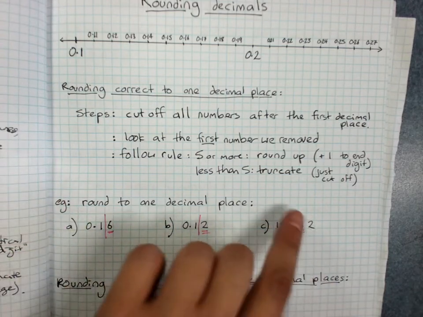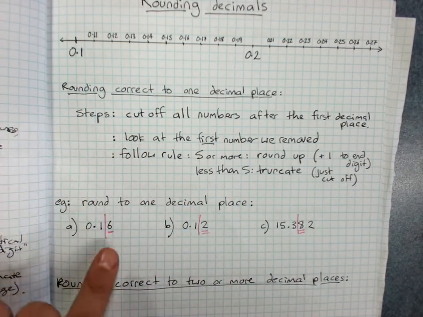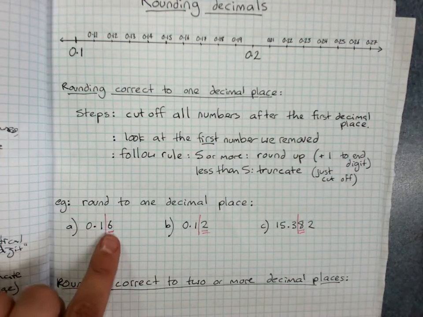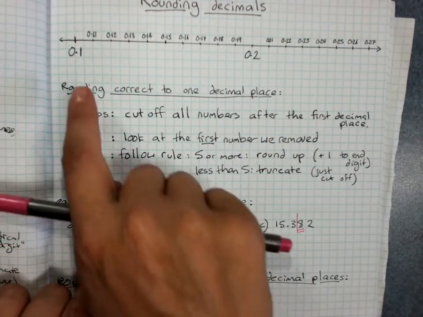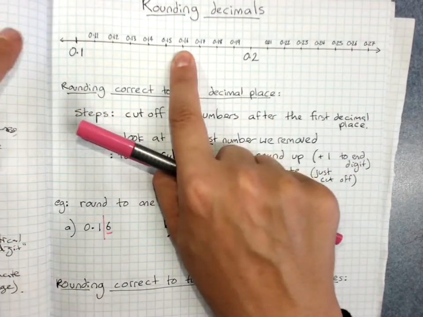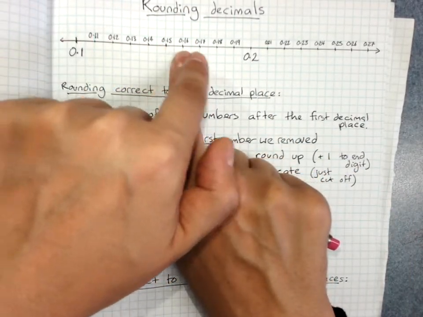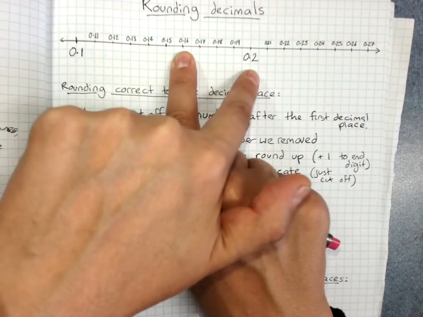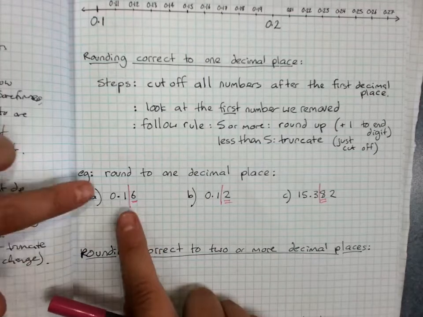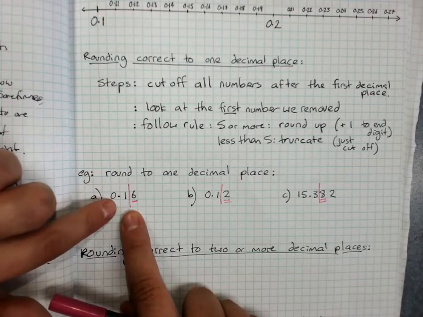So let's have a look at all these with those rules. I started with ones that fit on my number line. 0.16. It's somewhere between 0.1 and 0.2, and it's there. And you can see really clearly it's closer to 0.2 than 0.1. So we cut it off after the first decimal place.